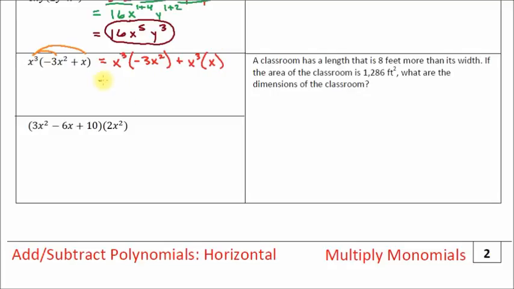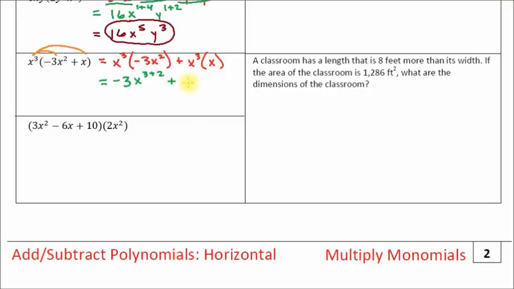And now we can just go ahead and do what we did in the last two. We'll multiply monomial times monomial. This has a 1 in front of it. It's implied because you don't have to write that in math when we're multiplying. So the coefficient of 1 times negative 3 is negative 3. And then we have x, and the exponent is 3 plus 2. There's a 3, there's a 2. Now we're going to add those.